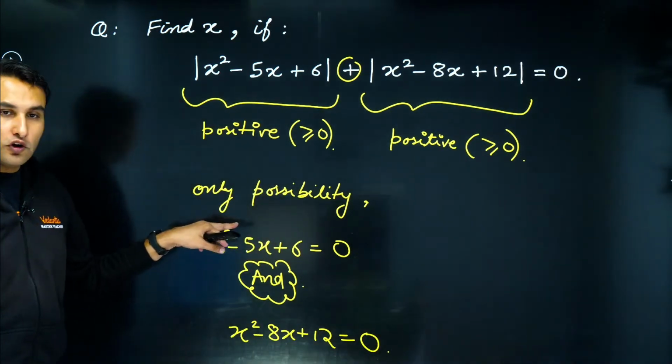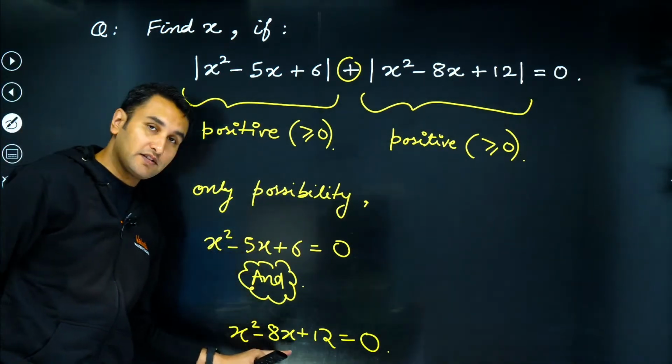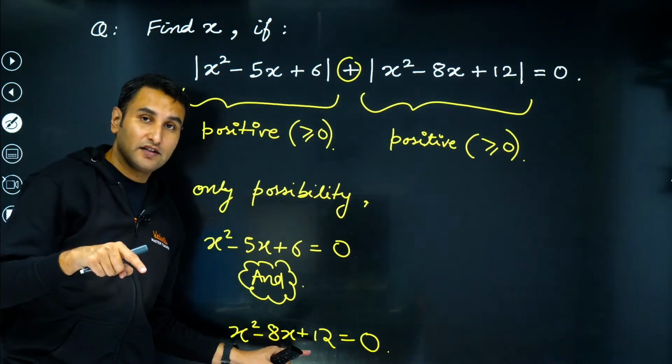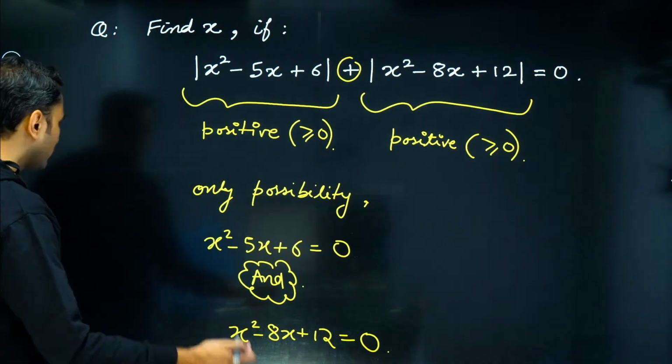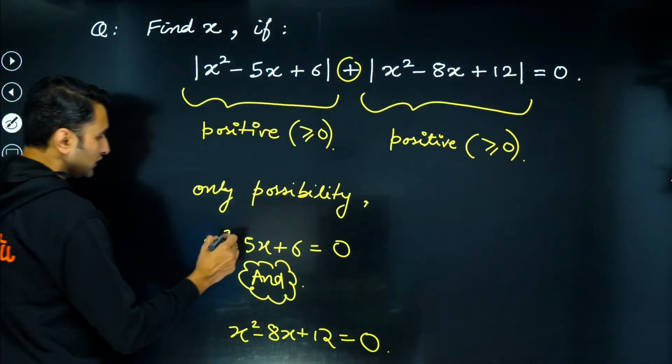So when your marks in maths is 0 and your marks in English as well is 0, then only the summation of both the marks is 0, right? So you can solve them. Can you solve them now? Can you solve this?